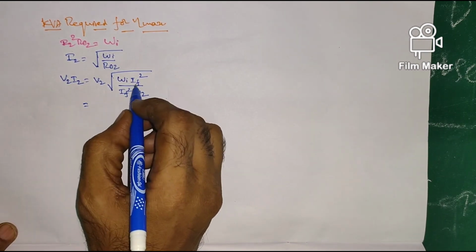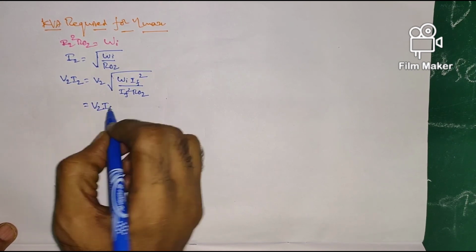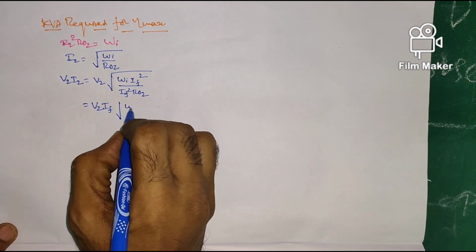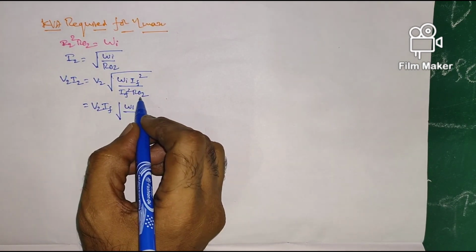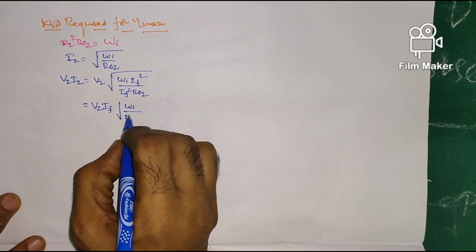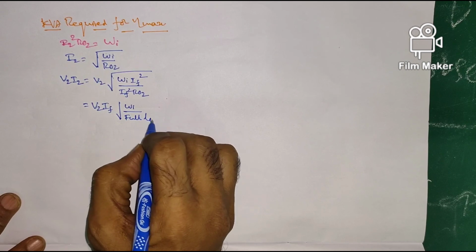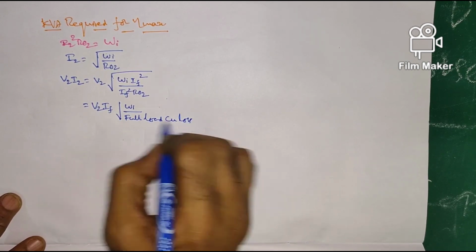When IF square is taken outside, it becomes V2 multiplied by IF into square root of Wi divided by IF square into R02, and IF square into R02 is known as the full load copper loss.